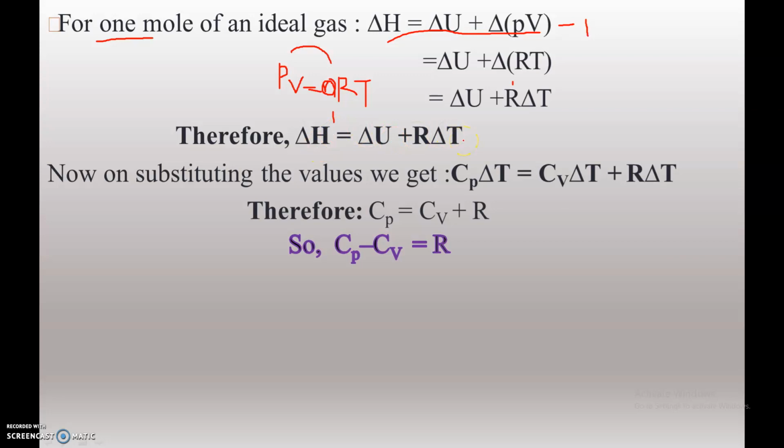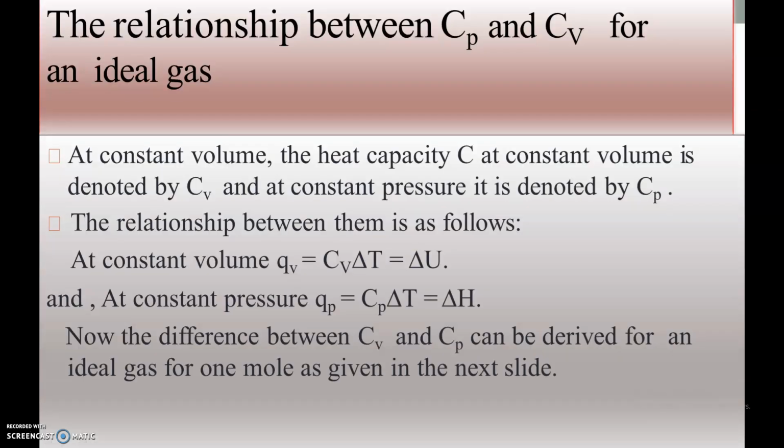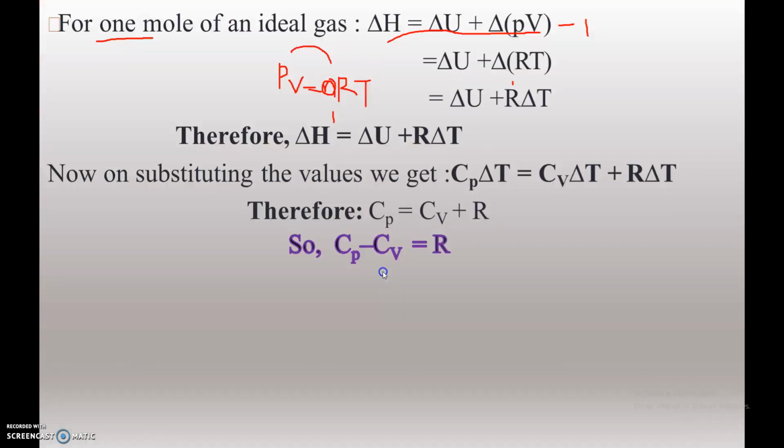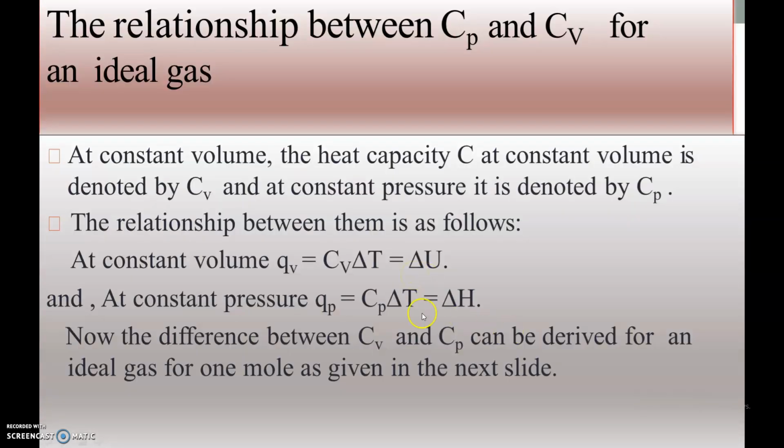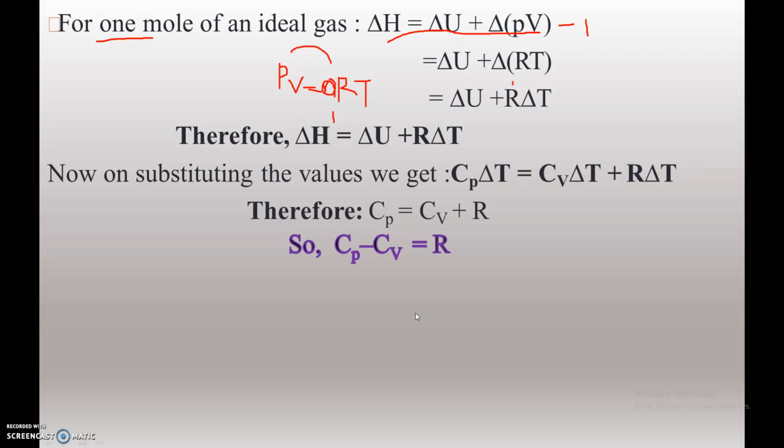We know delta U is equal to Cv delta T and delta H is equal to Cp delta T. So substitute these values in this equation. What is delta H?